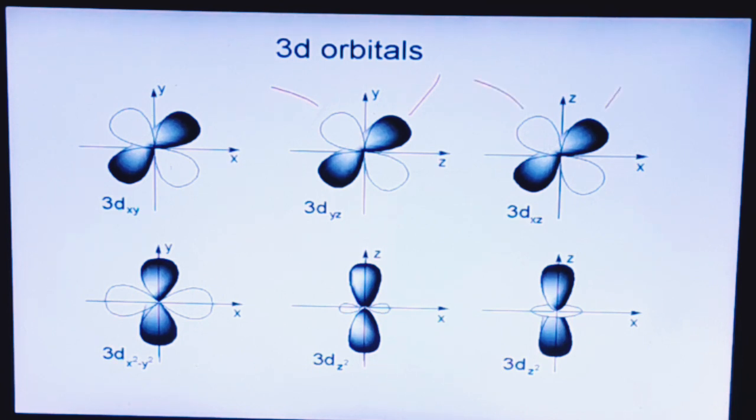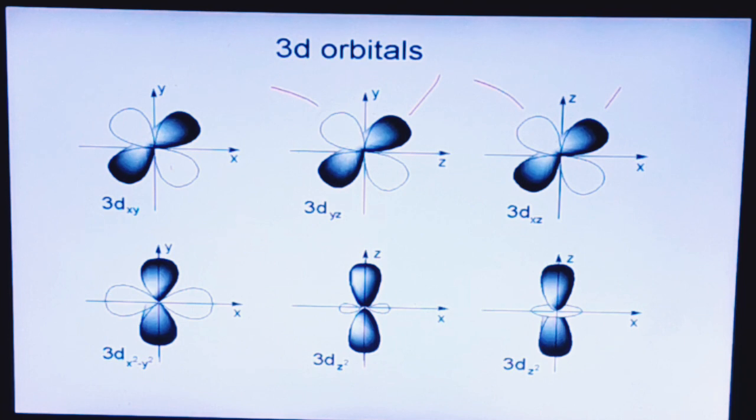But when we consider the dx²-y², as we can see, this is the x-axis and this is the y-axis. This loop is lying on the x-axis, and this is also lying on the y-axis.